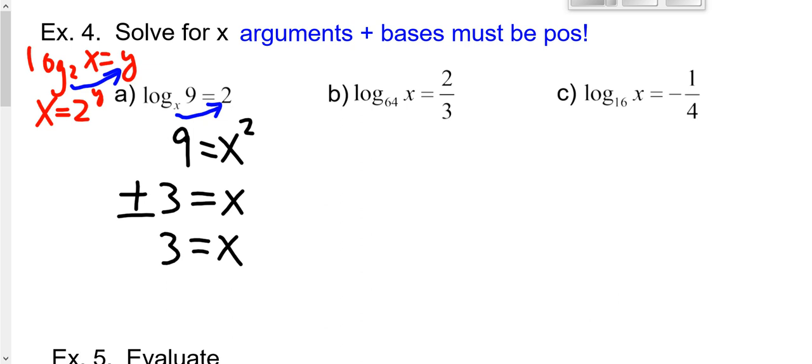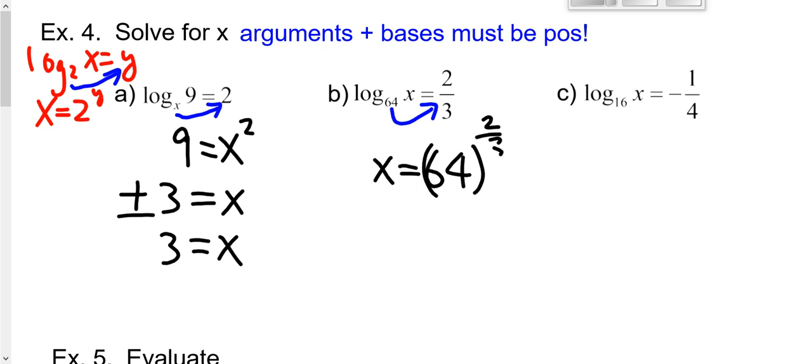Okay, let's do several more. Solve for x. Okay, so move the base of the log to the other side and turn it into the base of the exponent. Then the log will be gone on that side. So that means x is now 64 raised to the power of 2/3.